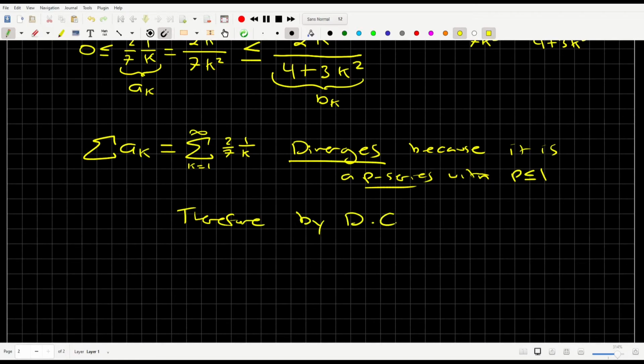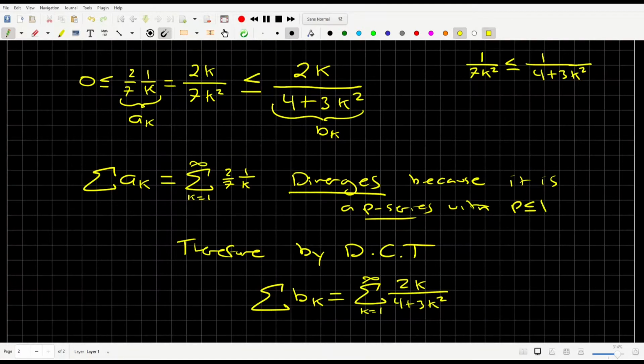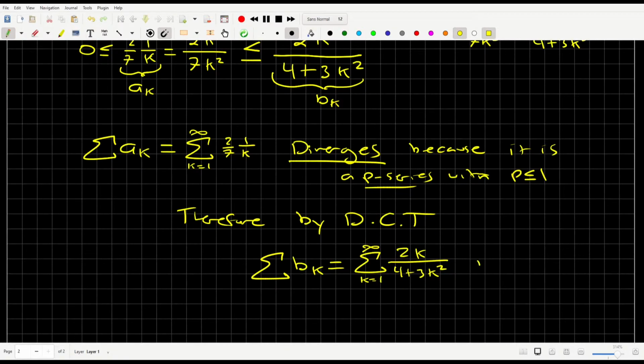by the direct comparison theorem, the sum that we're interested in, which is the sum of the BKs, or the sum from k equals 1 to infinity of 2k over 4 plus 3k squared, must also diverge.